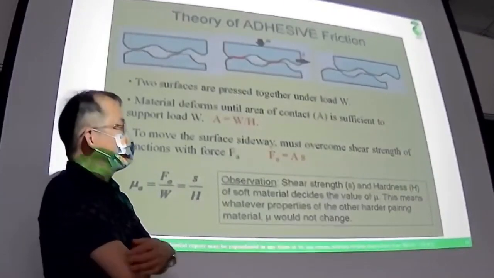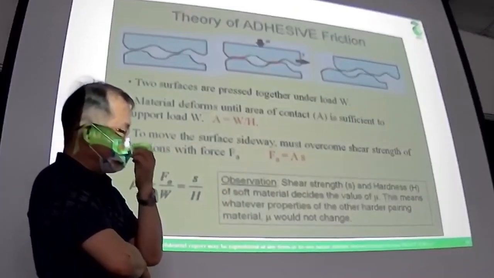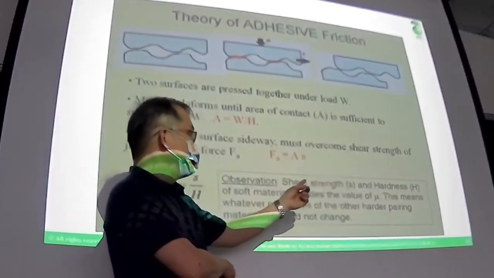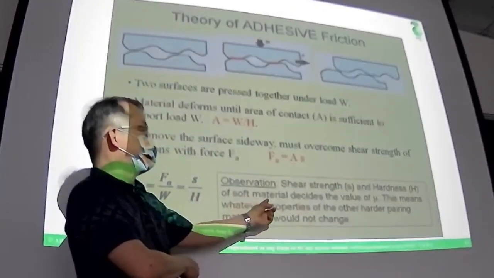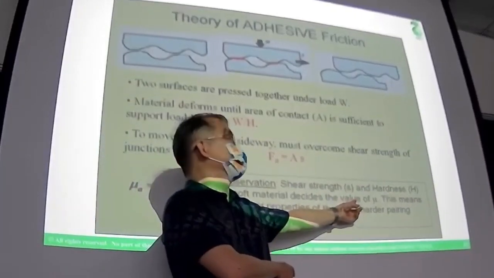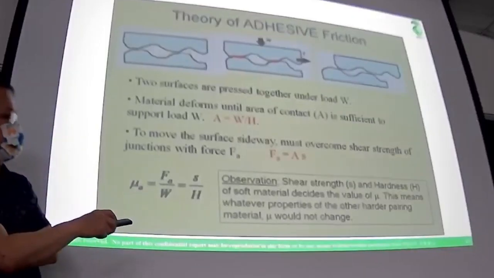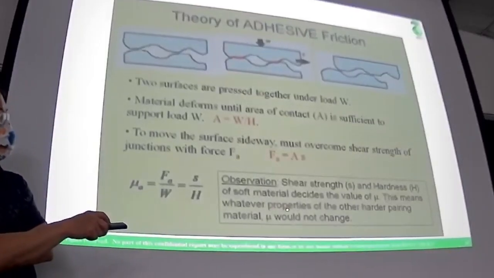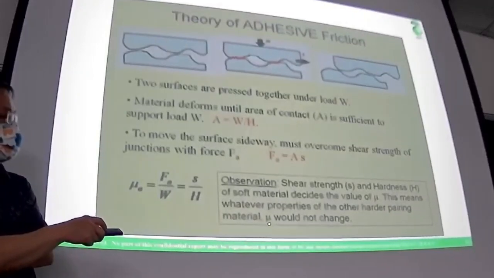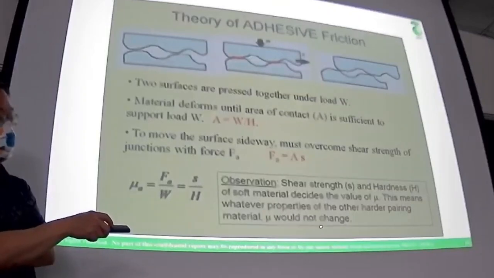So we have a note here. The observation is that the shear strength S and the hardness H of the soft material decide the value of the coefficient of friction. So this means whatever properties the other, harder pairing material has, the coefficient of friction would not change.